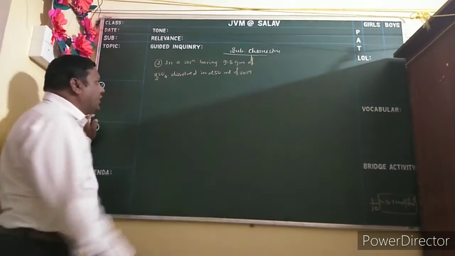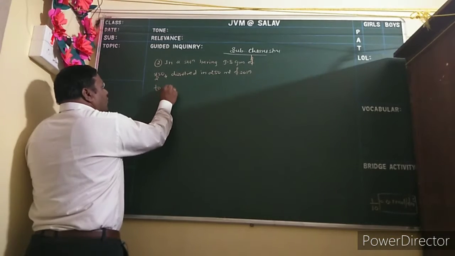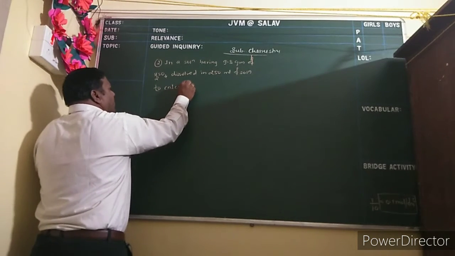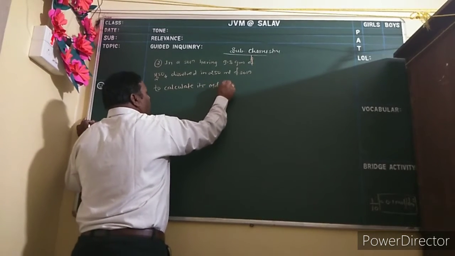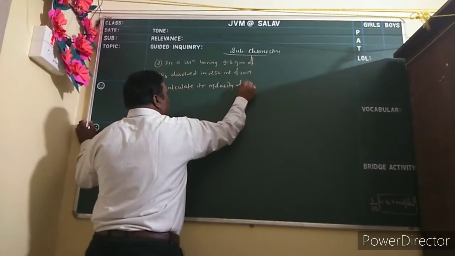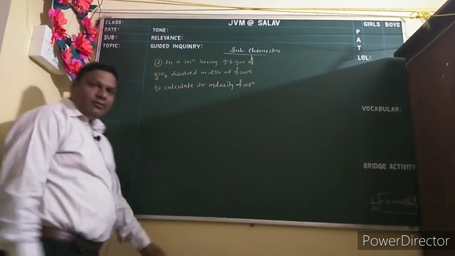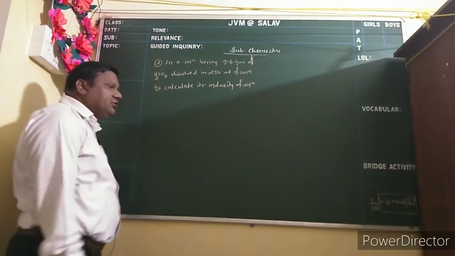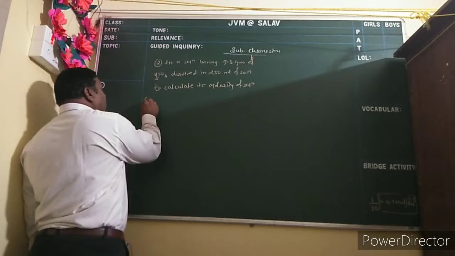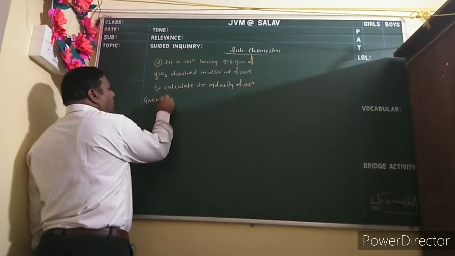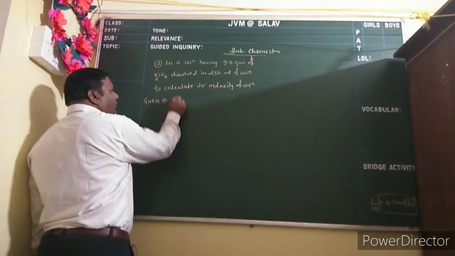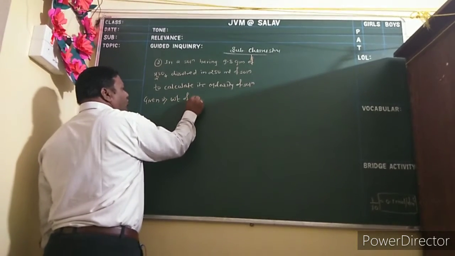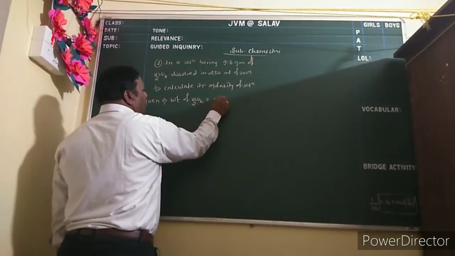Calculate its molarity. Understood? Now again, what will be the given quantity? Weight of H2SO4 is 9.8 gram.